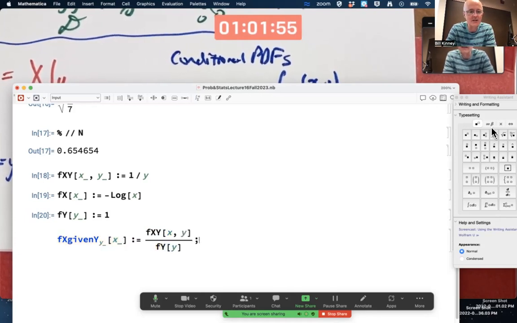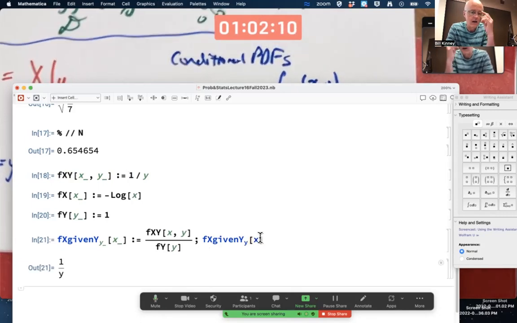So this formula is going to be the same as the formula for the joint PDF. It's going to be 1 over y. And if I type this without the underscores, it'll spit back the formula at me, hopefully. Yeah, 1 over y. But remember, this is a function of x.